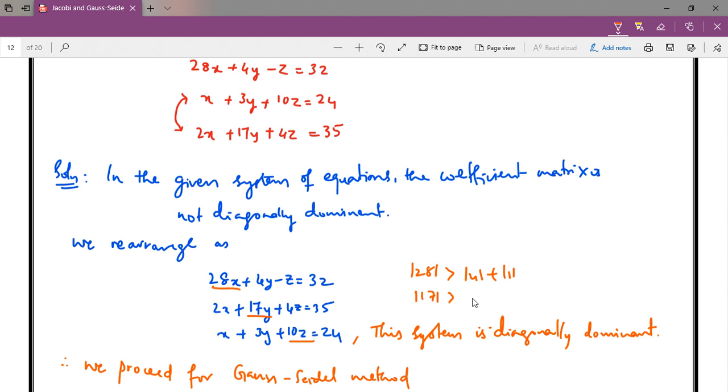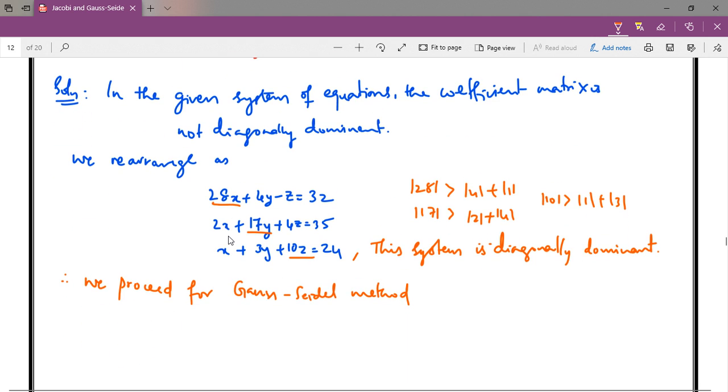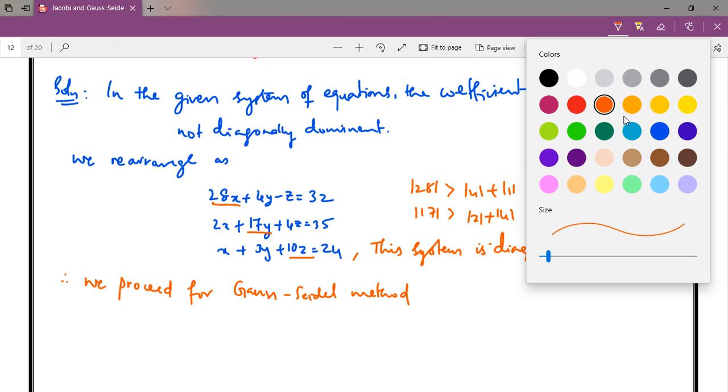Okay, and mod 17 is greater than mod 2 plus mod 4. Similarly, mod 10 is greater than mod 1 plus mod 3, right? So therefore this is diagonally dominant. The coefficient matrix is diagonally dominant, therefore we go for the iteration method.